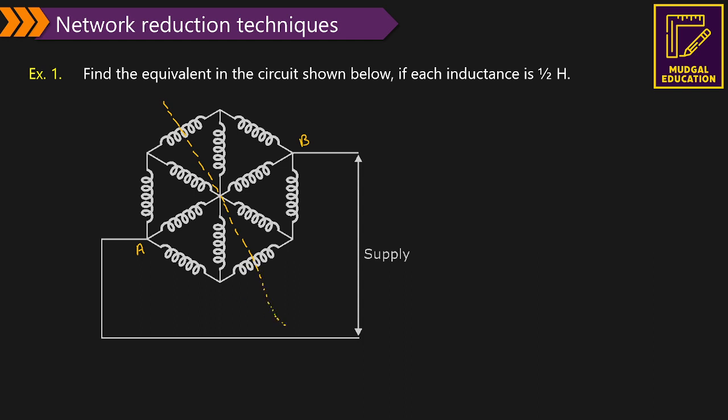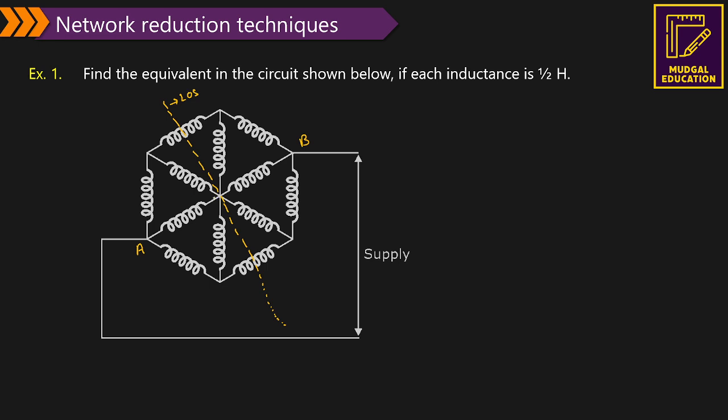Now again, use the steps I told you. This is a line of symmetricity in case of mirror symmetricity. If there is a branch parallel to the mirror symmetricity, then you can remove that branch. There is no branch parallel to it. And if there is a node lying on it, then that node is a false node.